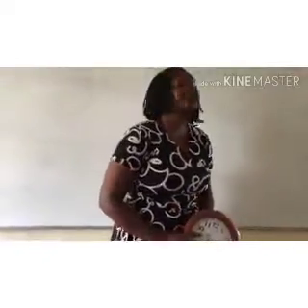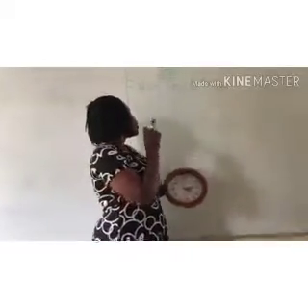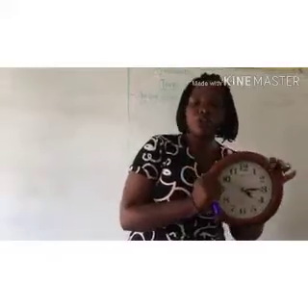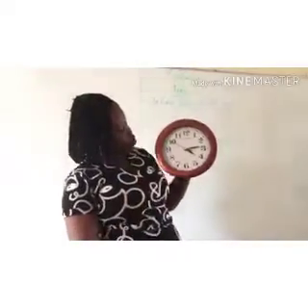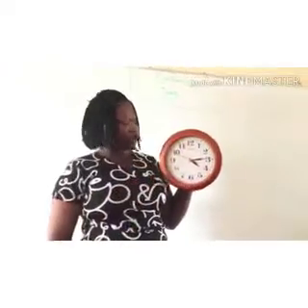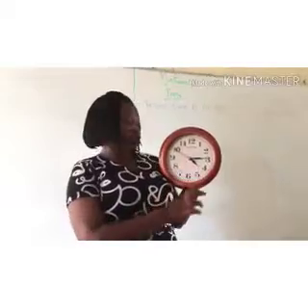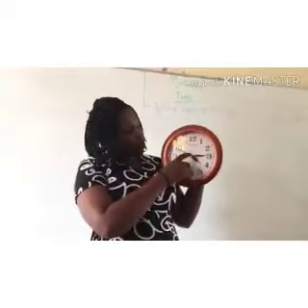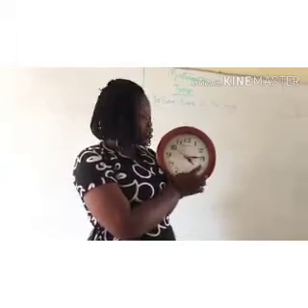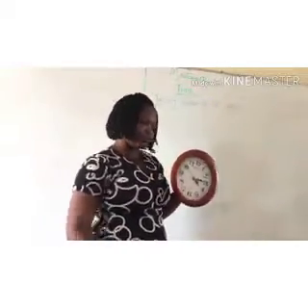First of all, you want to look at telling time to an hour using the clock. On my clock, you see 3 hands, and for today we'll be using just 2. The long hand, which is the minute hand, and the short hand, which is the hour hand.